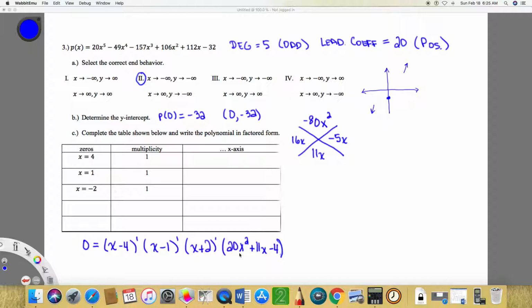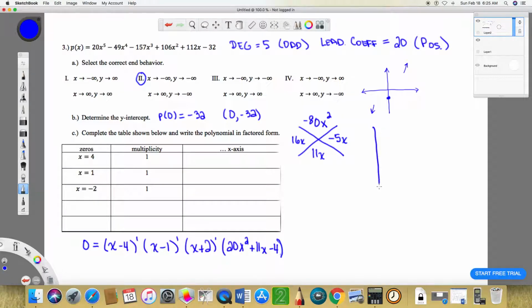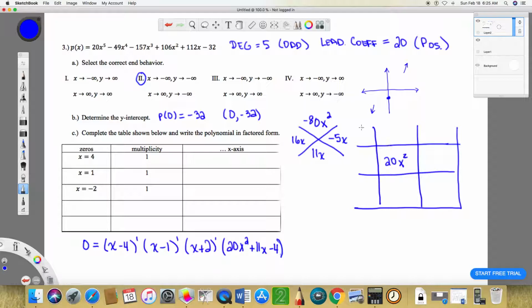All right, so since the leading coefficient is not 1, let's continue, whether you want to call it a table or a chart. I don't know what you guys call it, but along one diagonal, let's put the first term and the last term, and then from our x, we've got 16x and minus 5x.